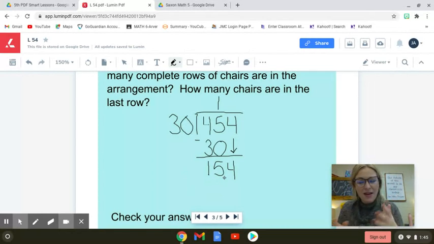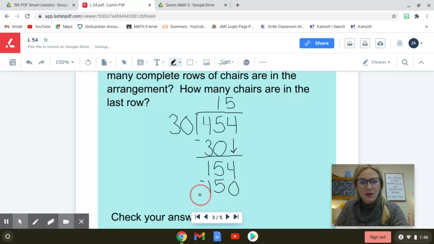Let's start there. Well, that's easier to do in my head for sure. 5, because 3 times 5 is 15. And if I know 3 times 5 is 15, I also know that 5 times 30 is 150. It's 15 with a 0 on the end.